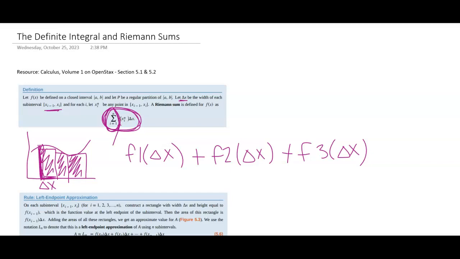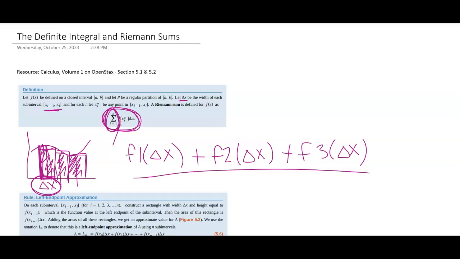Now, the more rectangles we take, the smaller delta x would end up being. So if I said, like, I want to do 6 instead, okay, I could do that. So I would have 6 of these calculations, and that's going to end up giving us a better estimate.